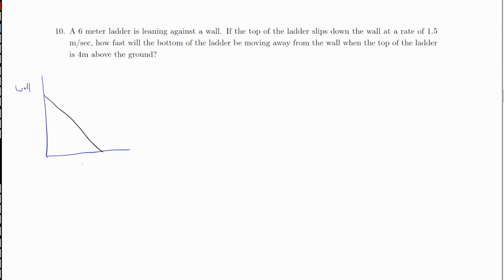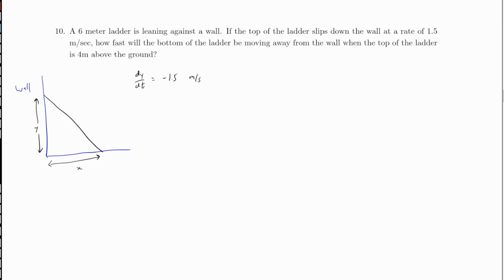Okay, so what I'm going to do is label some distances. I'm going to label x as my distance between the wall and the bottom of the ladder. And I'm going to label y as the distance between the ground and the top of the ladder. So if the ladder is slipping down the wall at a rate of 1.5 meters per second, then dy/dt is negative 1.5.